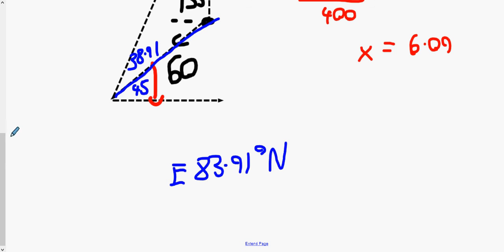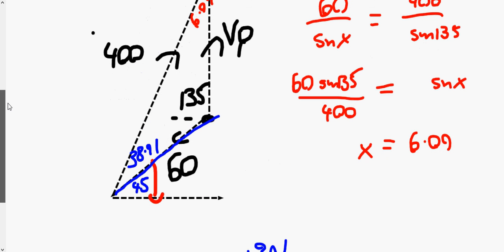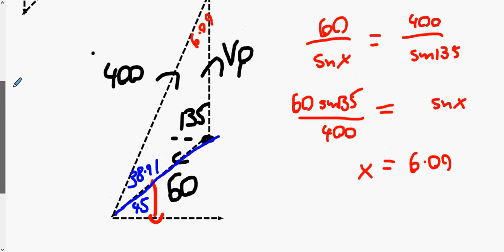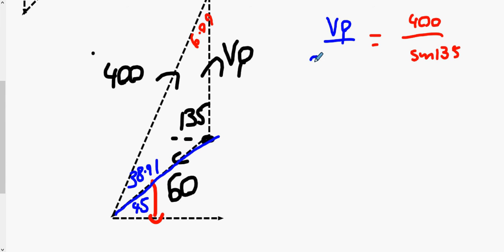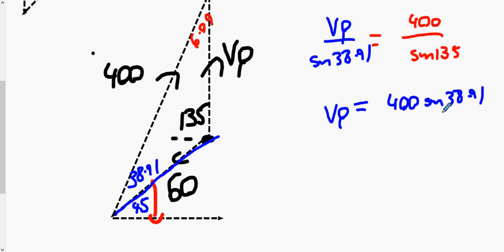Now this time it'll actually give me the velocity of the plane. So if I do one more sine rule, and I still use 400 over sine 135, but this time I use phi p over sine 38.91. Will somebody calculate me phi p really quickly? 400 sine 38.91 divided by sine 135.